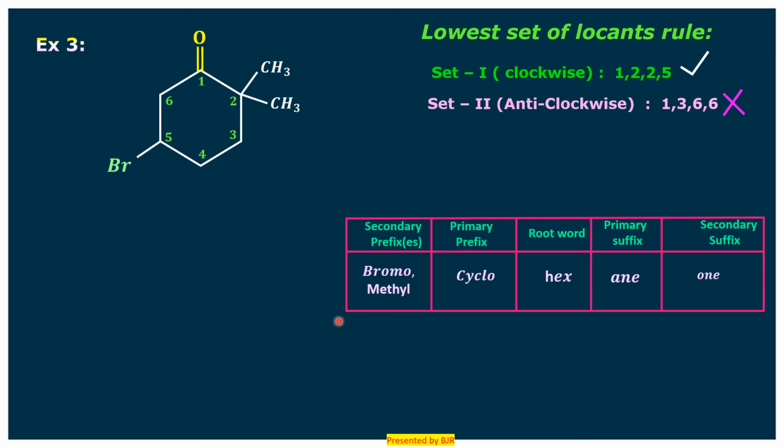Okay, so 5 bromo, 2 comma 2 dimethyl cyclohexane 1 one. 5 bromo 2 comma 2 dimethyl cyclohexanone, or hexane 1 one also you can write, no problem. Okay.